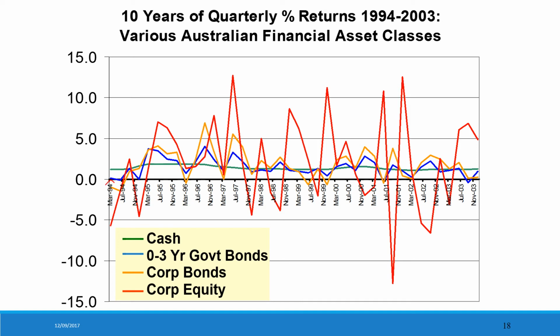We have data from 1994 to 2003. So what do we see here? Cash, or short-term discount securities, is the green line over here. The blue line is the 0 to 3 years government bond. The yellow line is corporate bonds, and the red line is the equity returns.